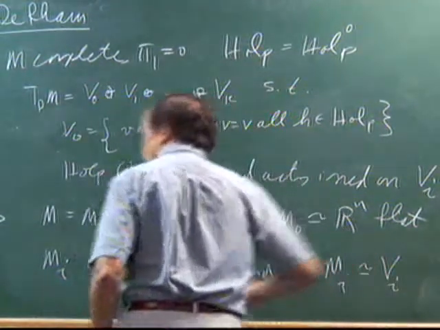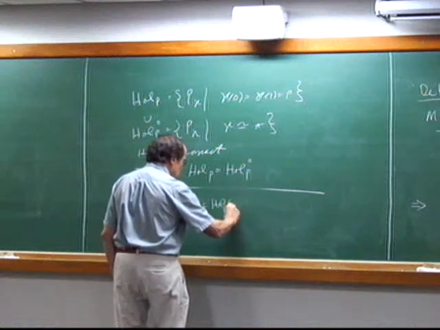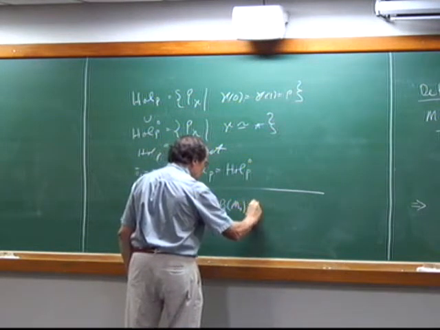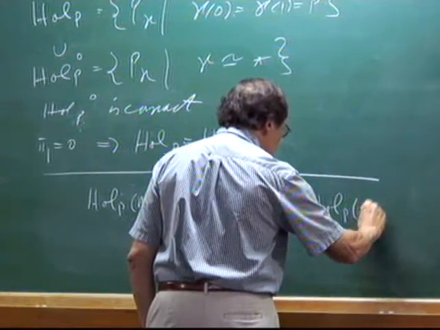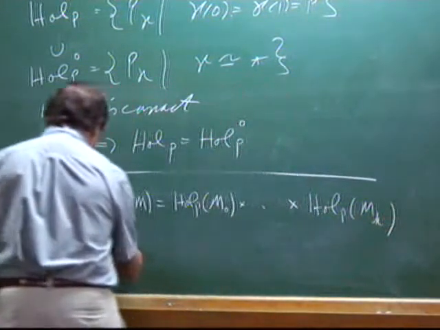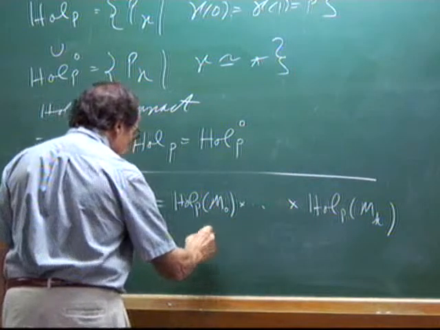And then the two additional properties were that the holonomy group splits, and the isometry group splits, at least the identity component splits.